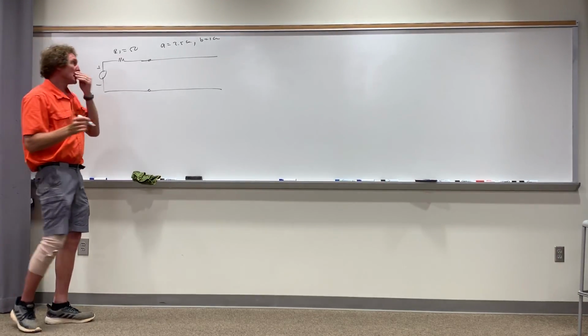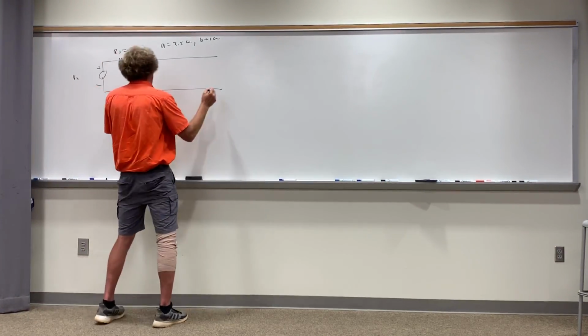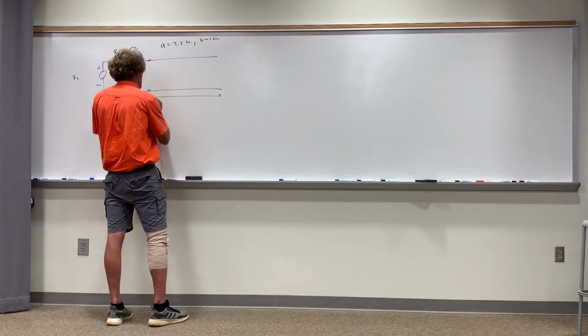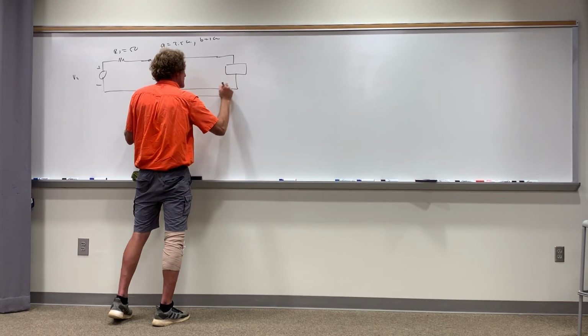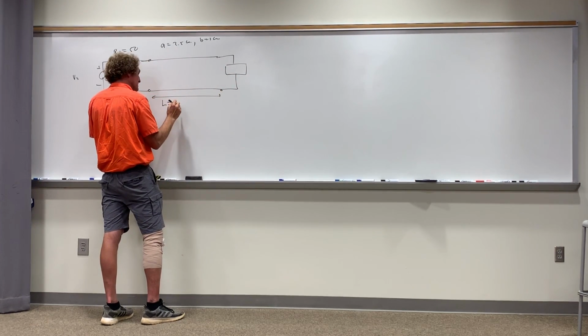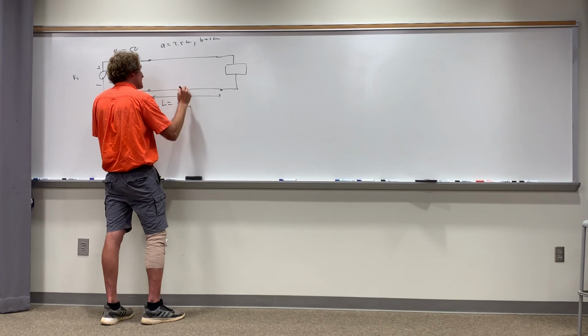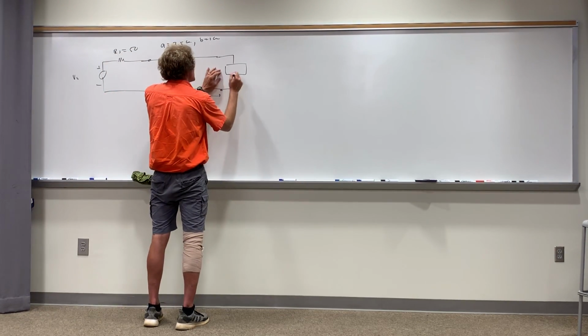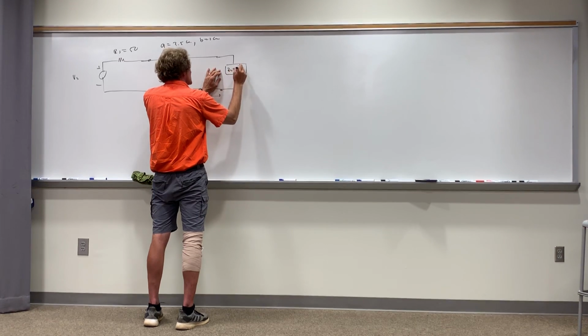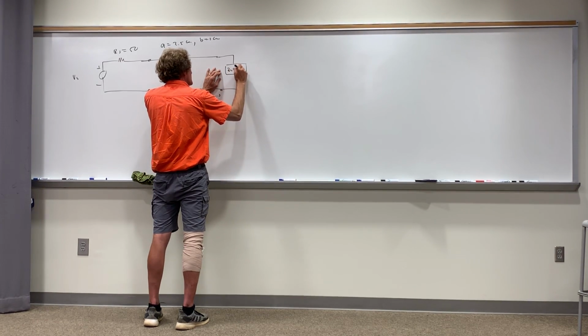Then we had a length here, and we had a ZL. What was the length again? 9 centimeters, and it was air-filled, which is nice. And ZL was what? 400 ohms.